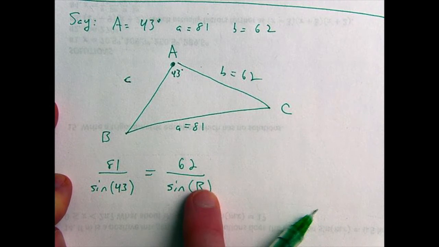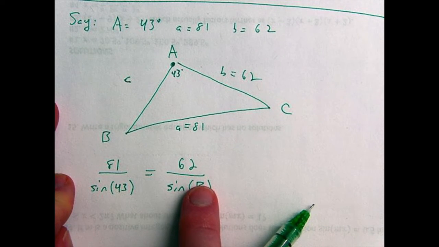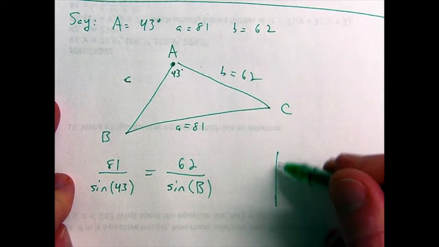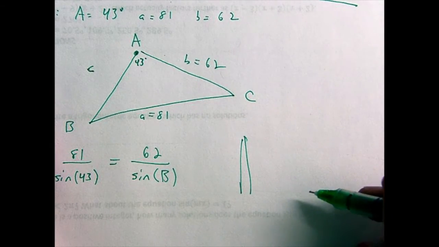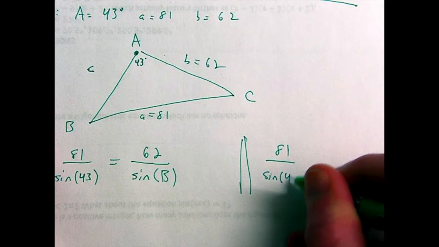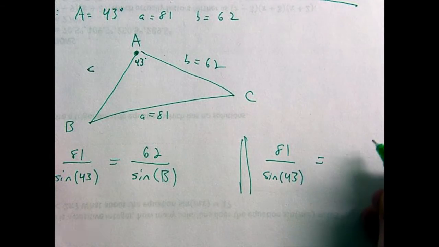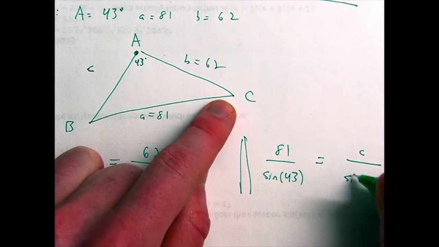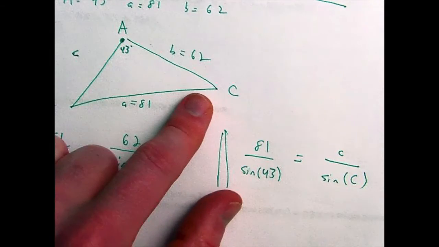If you ever write down the law of sines and you have two unknowns, then you need to use the law of sines differently. Okay, there's actually other things that I could have written here, like, just a quick detour. I could have also written down 81 over sine 43 is equal to little c, that's the length, over the sine of capital C. This equation's true.